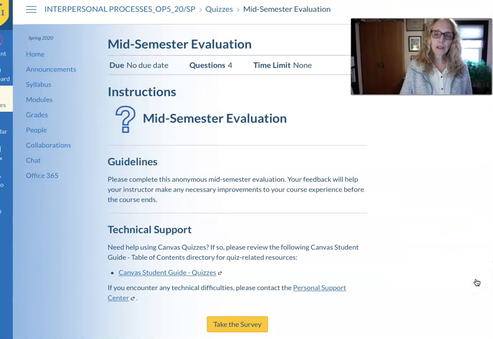And then finally, you have a mid-semester evaluation. This is where you get to talk about the course and how the course is set up. We have lead faculty for each course who essentially set the course, and then some of us come in and teach it. I'm the lead faculty for other courses, not for this course. But getting feedback about the course is really very helpful.